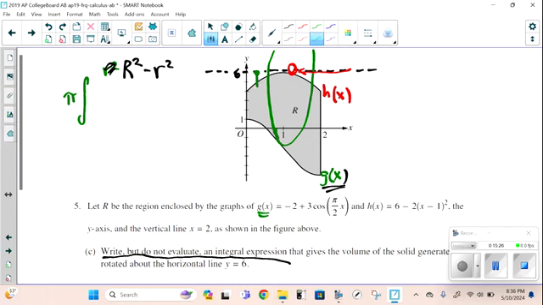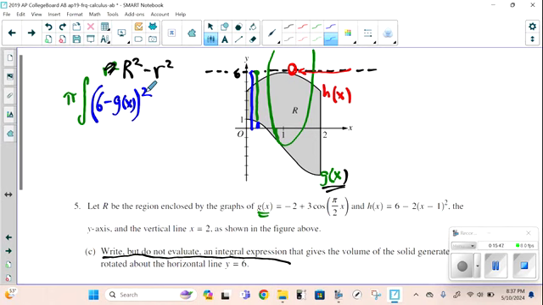The distance from here to here is the overall distance of 6 minus my g of x. So technically, it's 6 minus g of x. That's my bigger radius, and I need to square that.